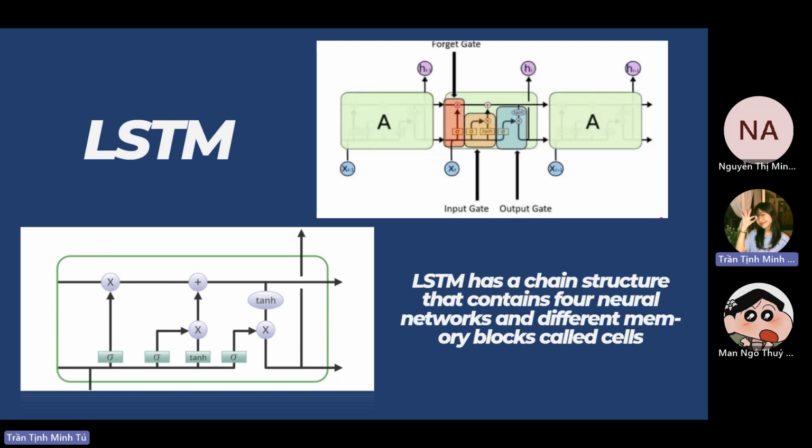LSTM tackles the problem of long-term dependency of RNN, in which the RNN cannot predict the word stored in long-term memory, but can give more accurate predictions from recent information. And LSTM has a chain structure that contains 4 neural networks and different memory block core cells.